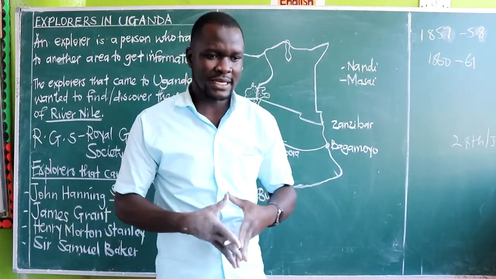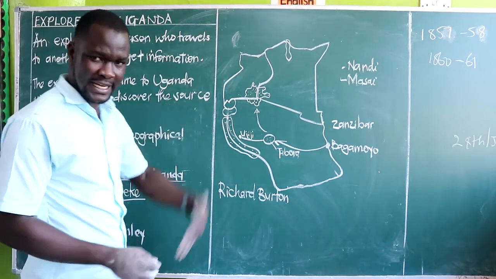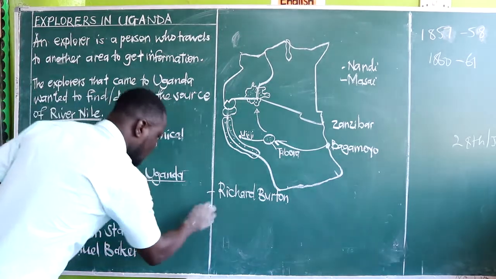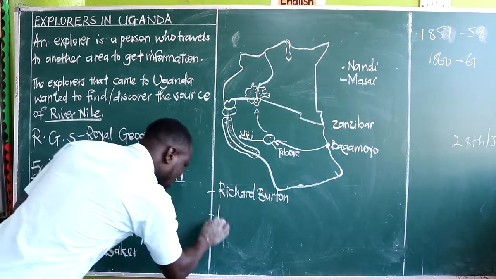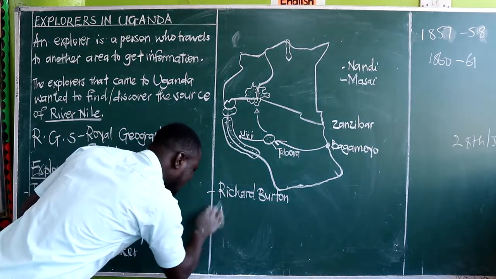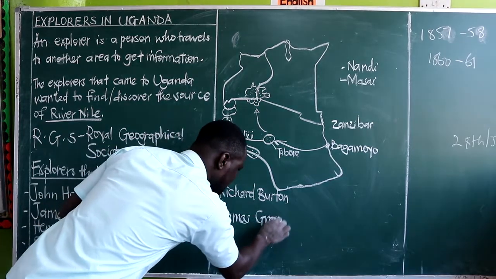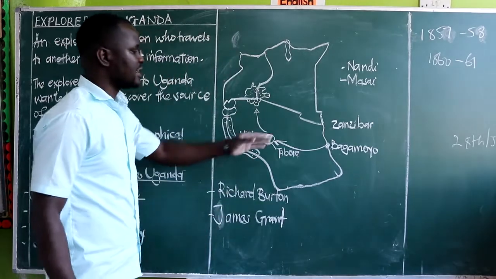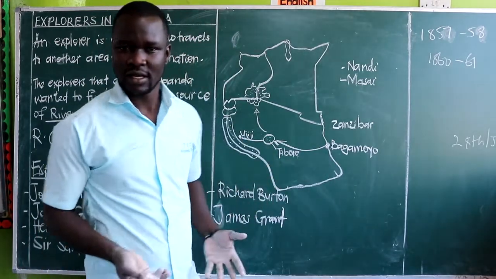And I have said, in the second journey, we have John Speke sent again with another explorer. And that time, he was now given James Grant. So we are now having John Speke coming back with James Grant to East Africa. Now, John Speke already knew the routes.